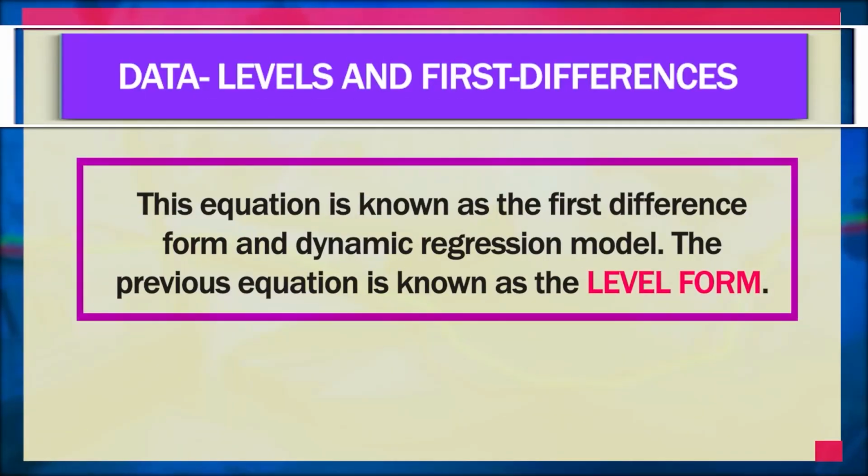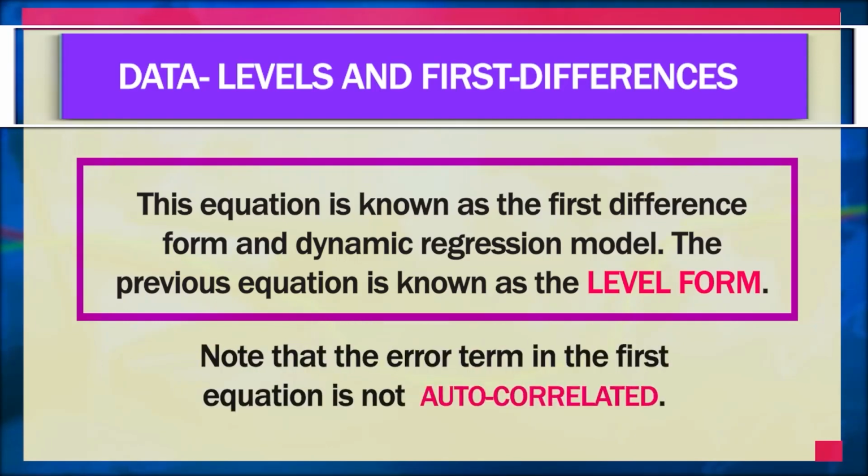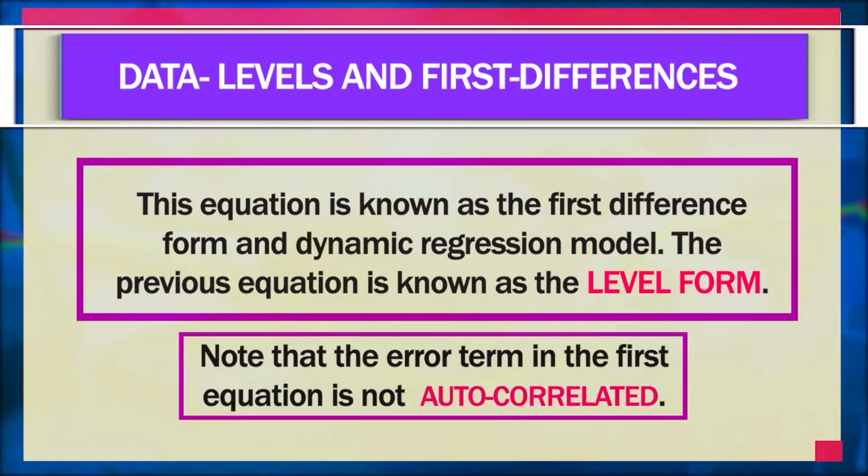ut minus ut minus 1. So this equation is called the first difference form, where yt is subtracted from its own one-period lag value, and this basically refers to a dynamic regression model. If this equation is considered as a first difference form, and we can confirm that there is no unit root problem, that is, the autocorrelation coefficient is 0, we can apply OLS to this difference form.